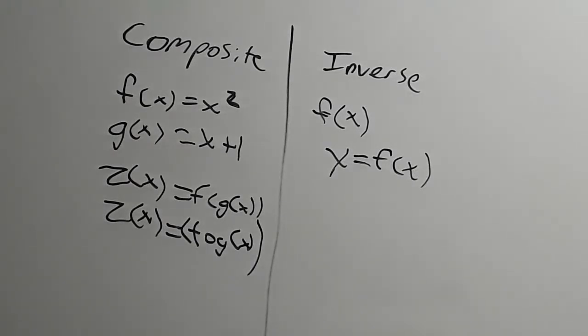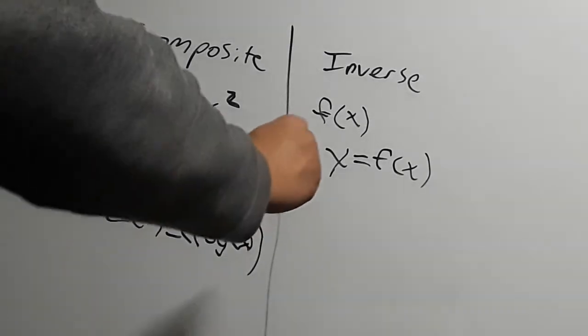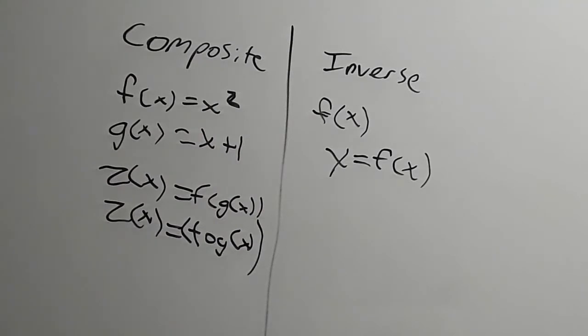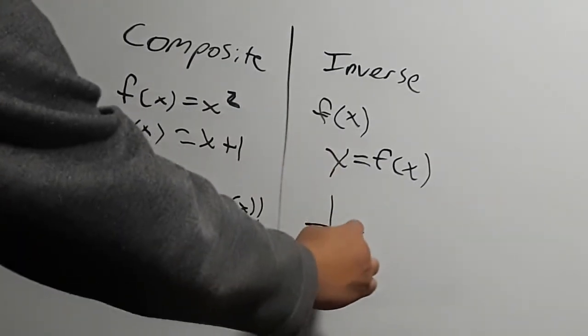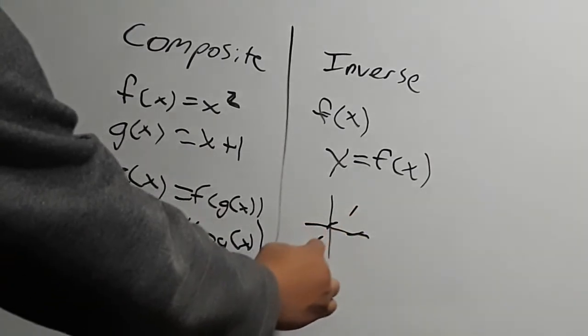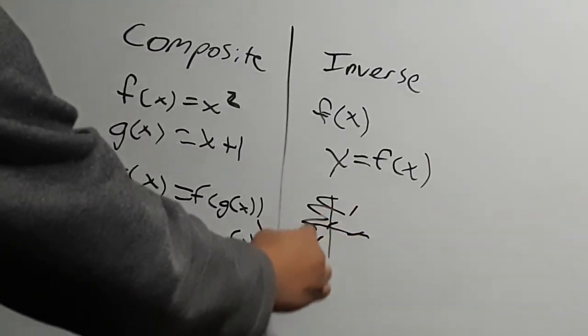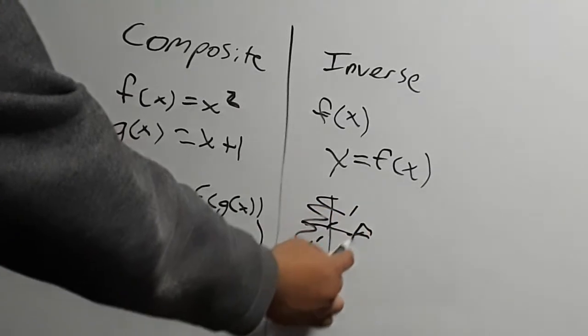And the thing about an inverse function is that it's a reflection over y equals x. So whatever function you have, it's going to reflect over like this. Like f of x over here, and then it reflects over here.